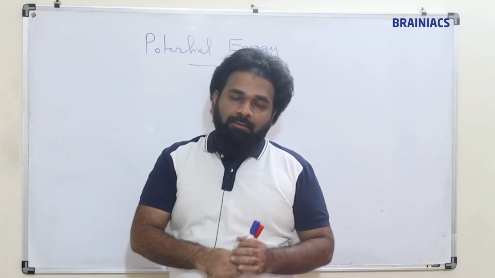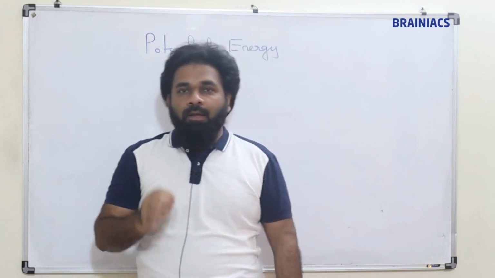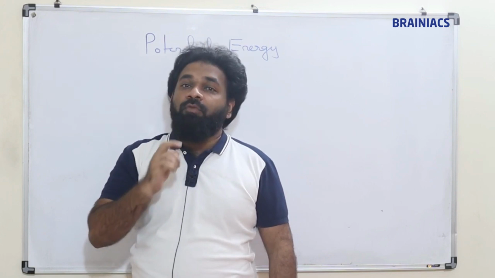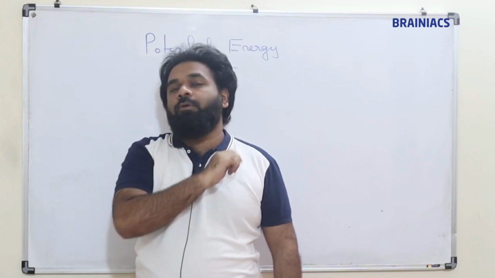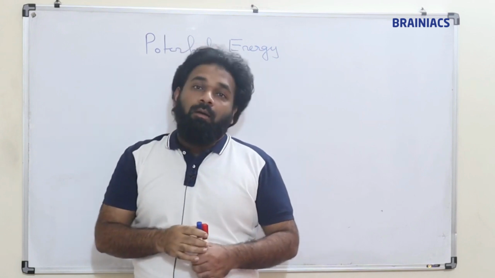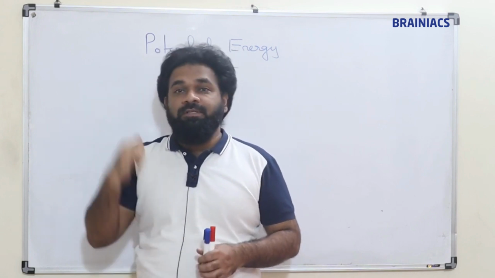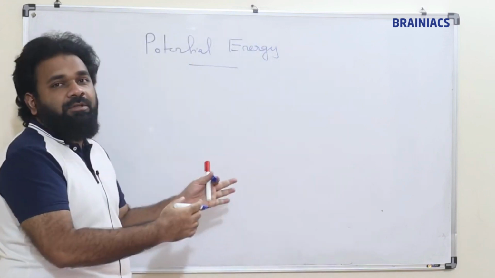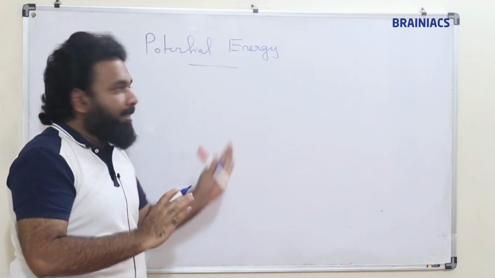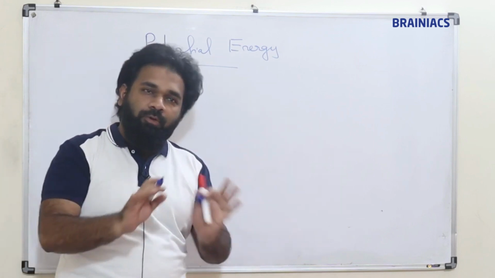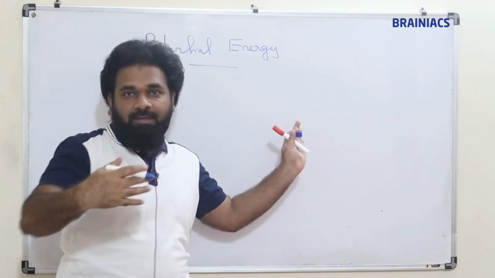I repeat, the work done in moving the magnetic dipole which is kept perpendicular to the magnetic field to any other angle. That is the definition given here in this context. So we will follow that definition and the formula also in that way, so that it will be easy for us to do problems, because problems also will come in that way.